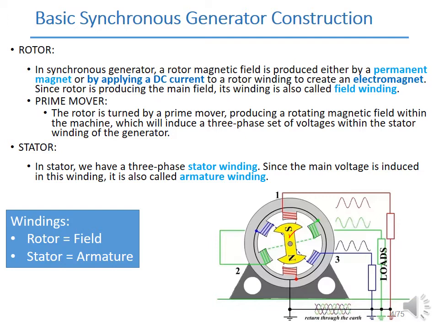If you look at the illustration again, the ones that I circled here are all the stator windings, and the component colored in gray is the stator of this generator.